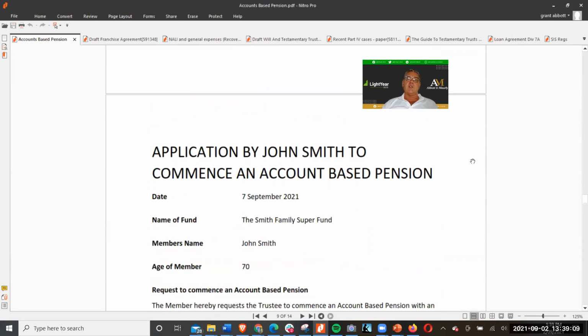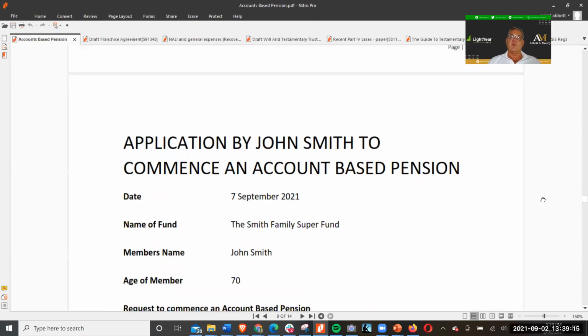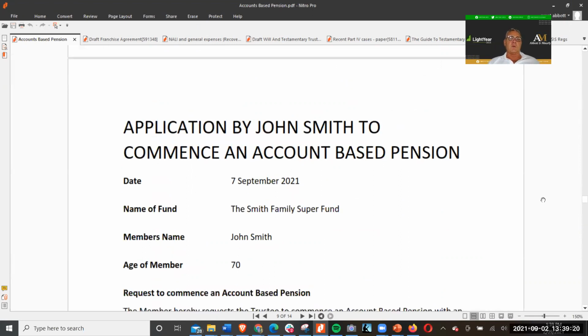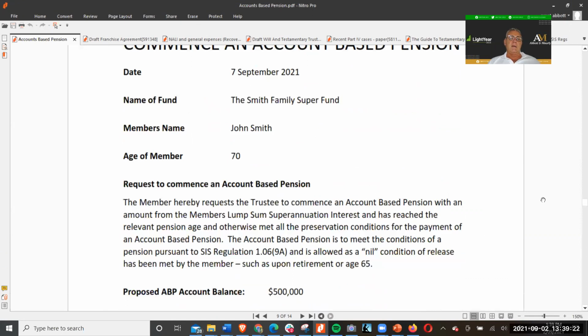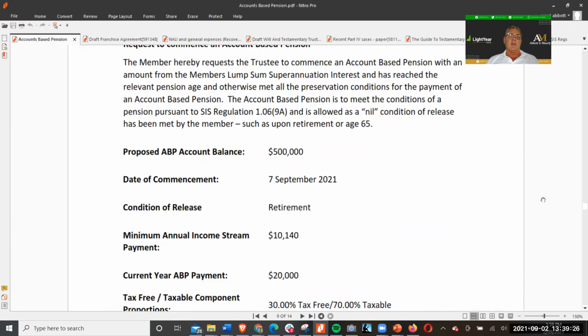So this is the application. This is the first step. The deed allows us to build these multi-reversionary, multi-generational pensions, but we have to do it by way of an application. So we've got John Smith, and it talks about the condition of release, $500,000.